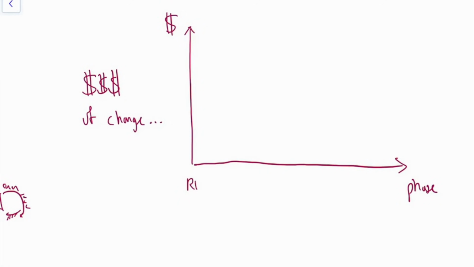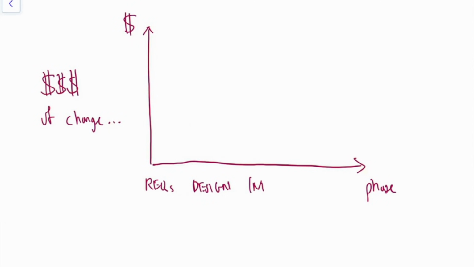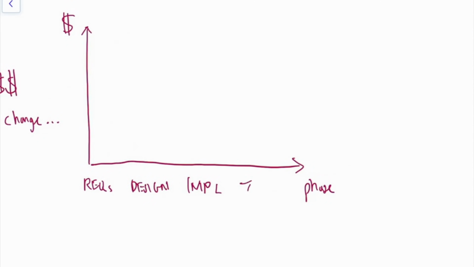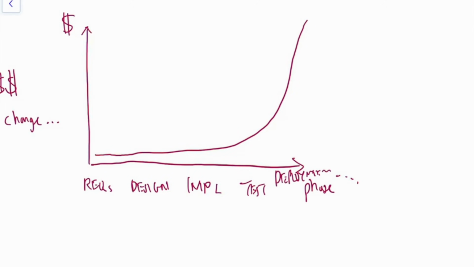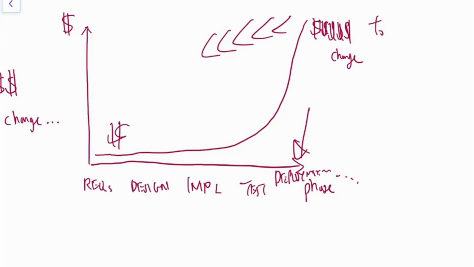And as you move from requirements to design, to implementation, to testing, and deployment, maintenance, and so on, the cost actually goes up exponentially, especially at the end phases, where it costs a lot of money to change, and this is very much bigger than the cost to change over here.